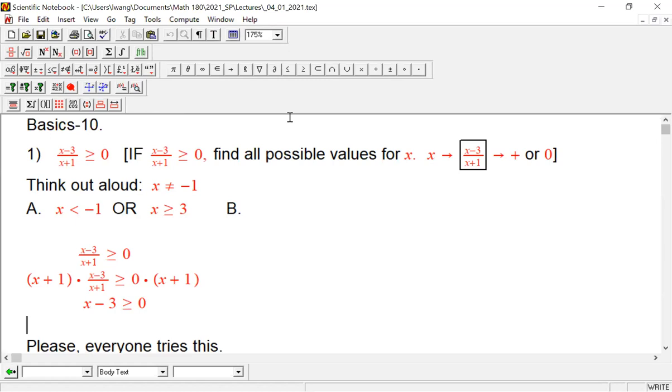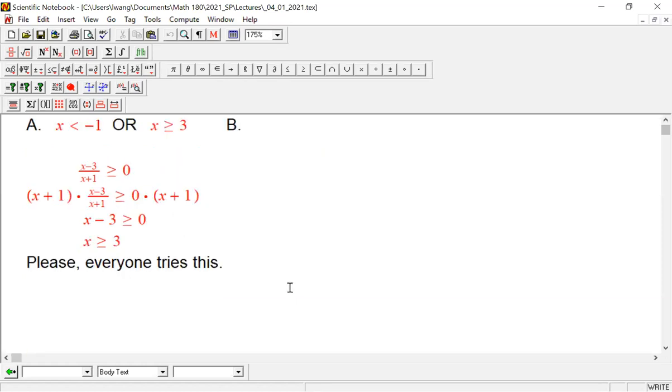Yeah? And then you get x larger than or equal to 3. That explains your solution of x greater than or equal to 3, but doesn't explain how you get x less than -1. How come x less than -1? Well, I had thought that it can't be -1, because if it was -1, it would be undefined.